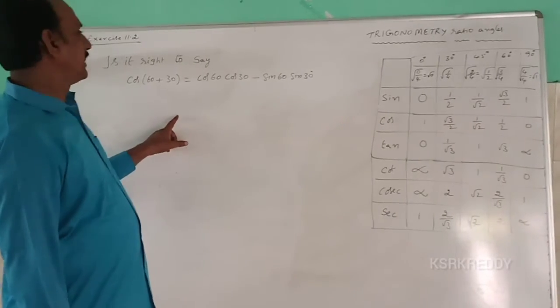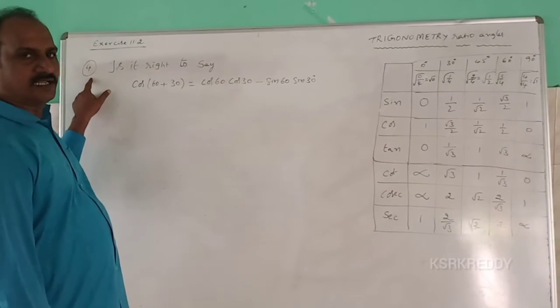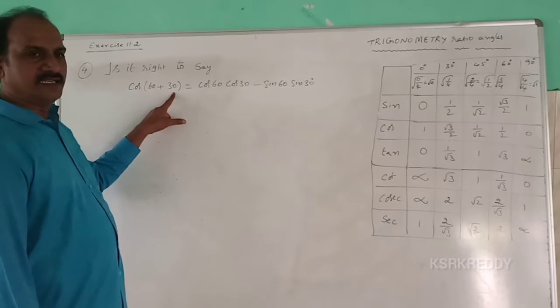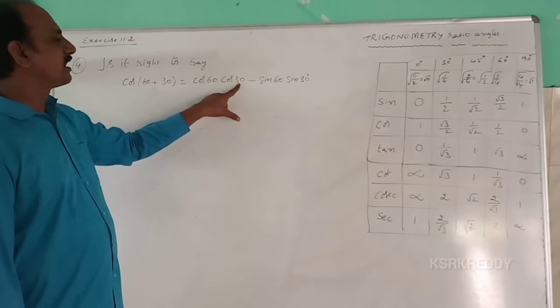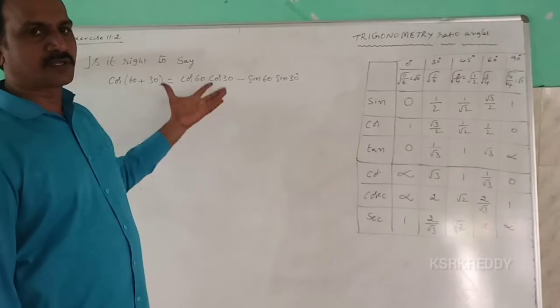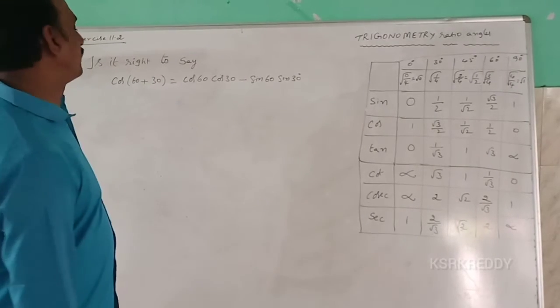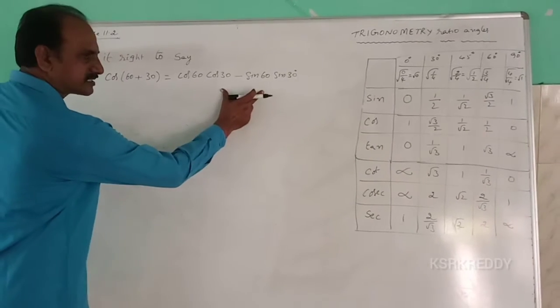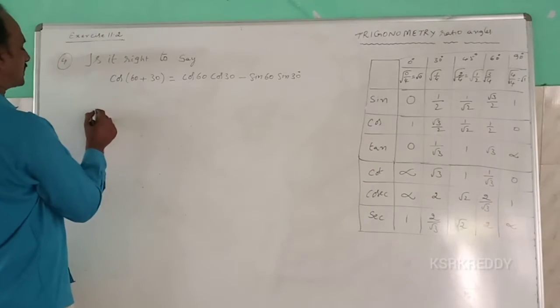Okay, now the next question, the fourth question. Is it right to say cos of 60 plus 30 is equal to cos 60 cos 30 minus sin 60 sin 30? So solve this. Here it is LHS, and here it is RHS. Find out the LHS value.